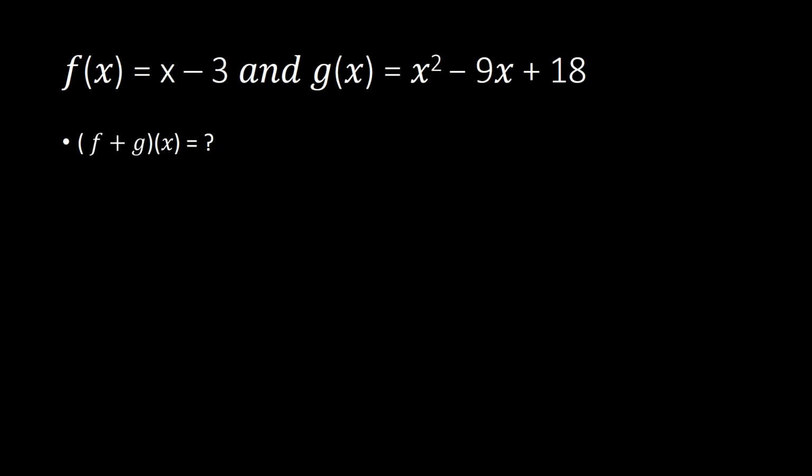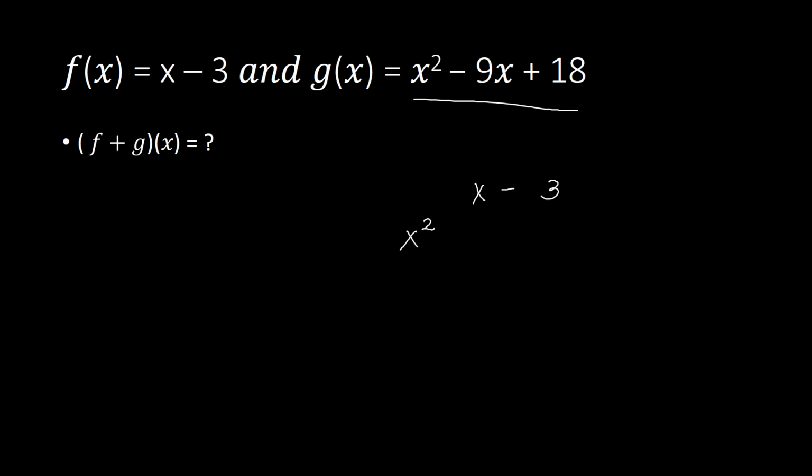So let's go for the second given functions. So we are to look for our f plus g of x. Some may go for vertical adding for this one. So we will be adding like this, x minus 3. Then we align the second function here, x squared.